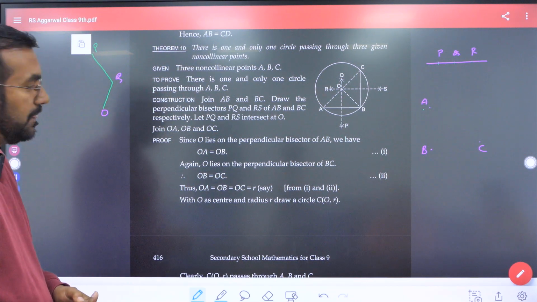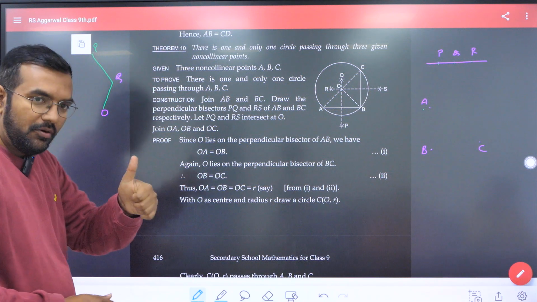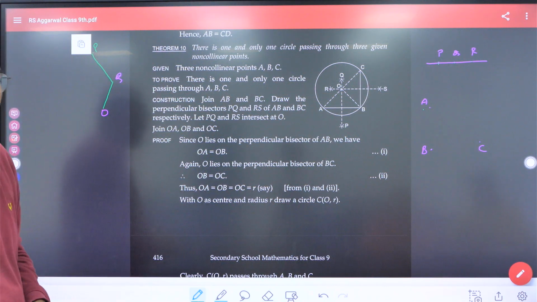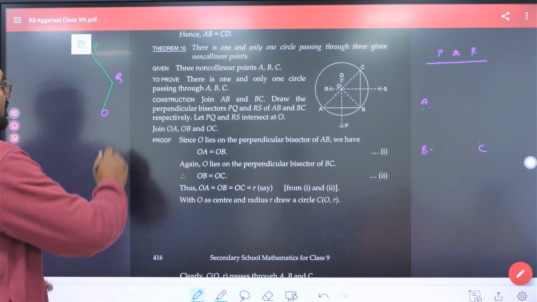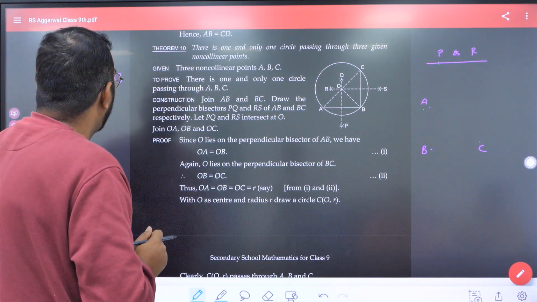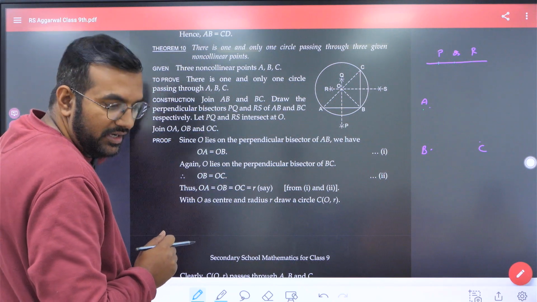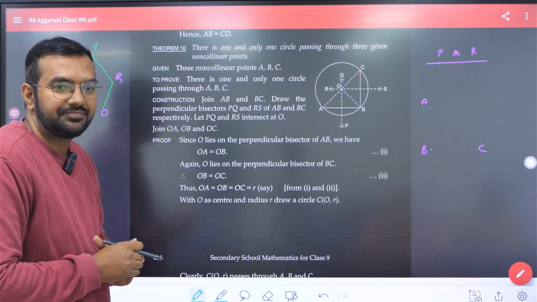Conclusion is that a point can have infinite points from which it is equidistant.